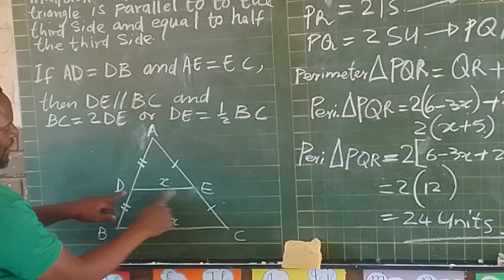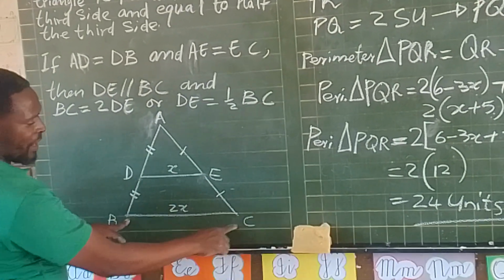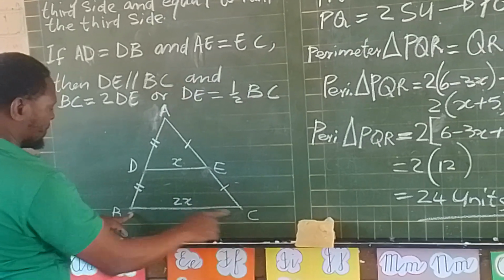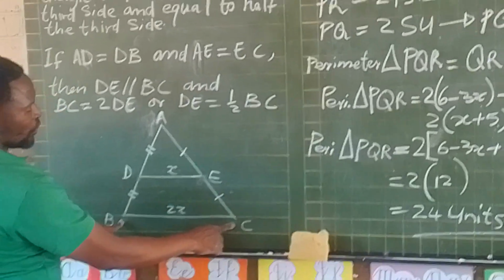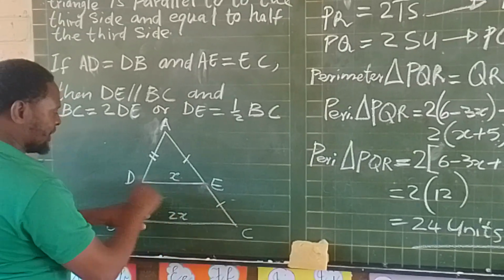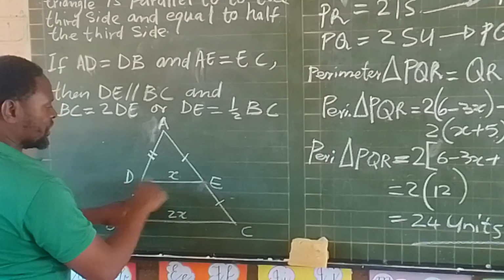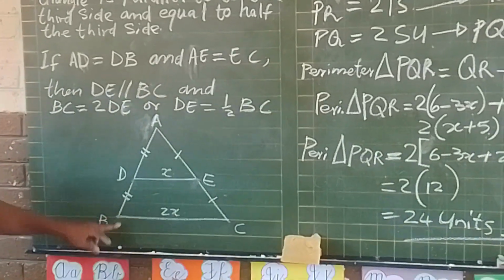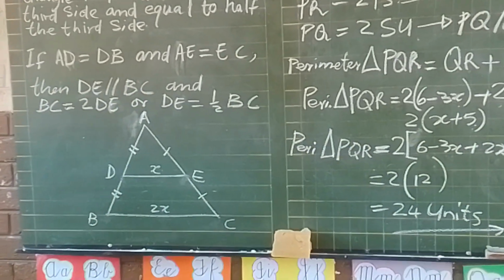Therefore, this DE must be parallel to BC, and in such a way that BC is equal to twice DE, or DE is equal to half BC. This is the application of theorem number 2.